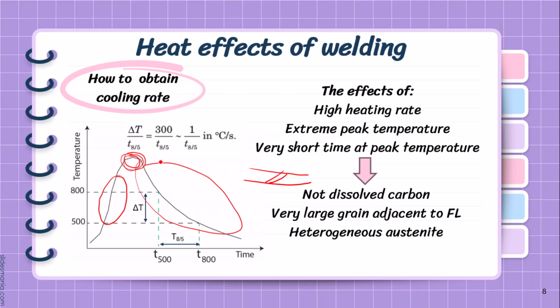For the cooling rate, for structural steels, the most important temperatures are 800 and 500. Between these temperatures, most of the microstructural changes occur, and that is why we define a time by which the material cools from 800 to 500, and because of that we can define the cooling rate by this equation.